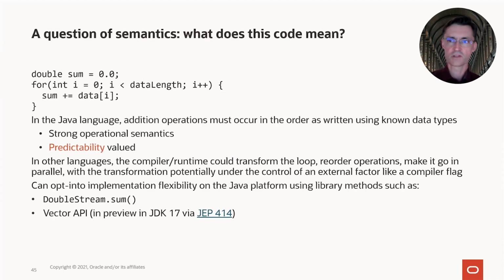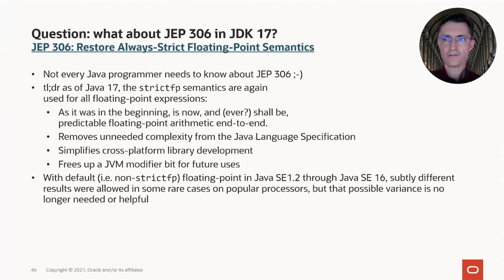For instance, in the streams library, you could call a method like DoubleStream.sum, or now in JDK 17, you could use the Vector API, which is currently in preview. You may have seen the feature list for JDK 17 includes JEP 306 to restore always-strict floating point semantics. What's that about? This is a small detail most Java programmers don't need to be aware of.